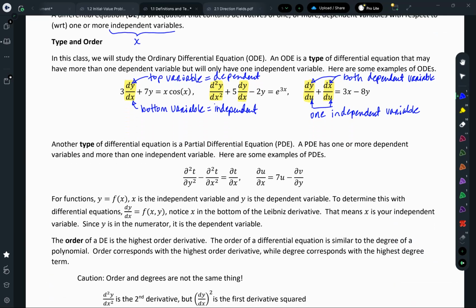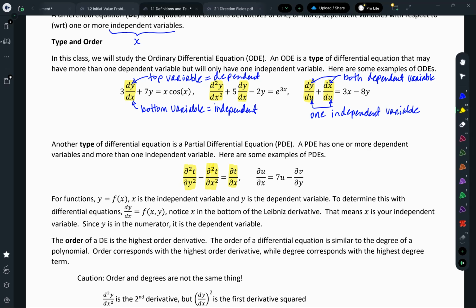In the first example, we've got some funny looking notation, and anybody who's taking Calc 3 will know this notation. We don't need to know Calc 3 to learn it though. The way I say these derivatives is the second partial derivative of t with respect to y both times, minus the second partial derivative of t with respect to x two times, is equal to the partial derivative of t with respect to x.